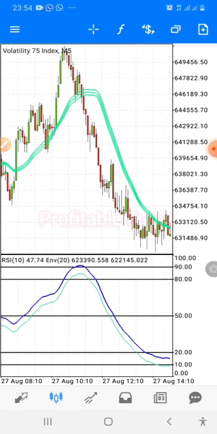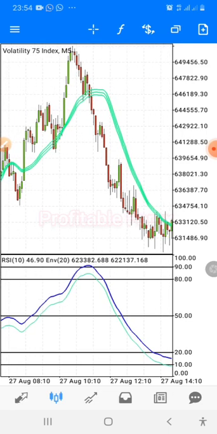So today I brought to you another good strategy that will help you to trade your volatility indices profitably. In this strategy, I'm going to show you how it works. We have some indicators on the main chart and on the indicator window.